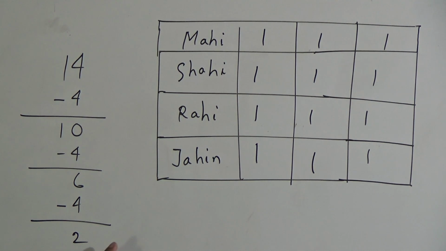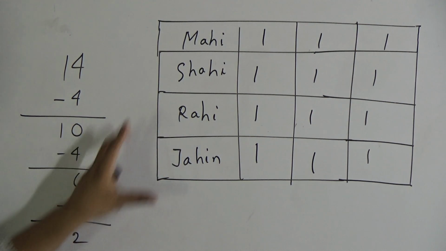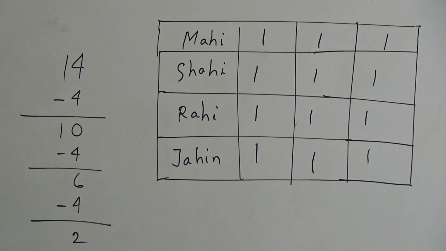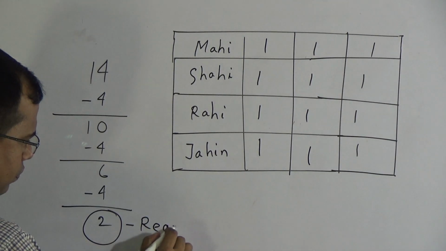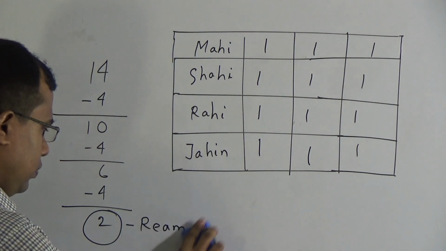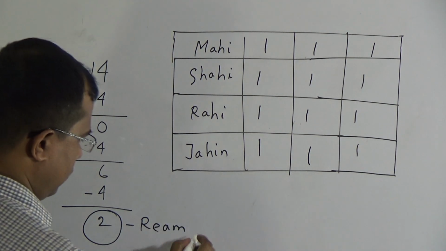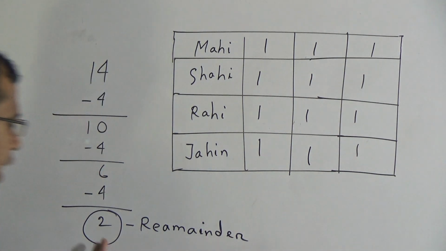So in this case I cannot distribute these 2 chocolates among 4 students. Dear students, in division we will say these 2 as remainder. I cannot divide these 2 chocolates, so we will say these 2 as a remainder.